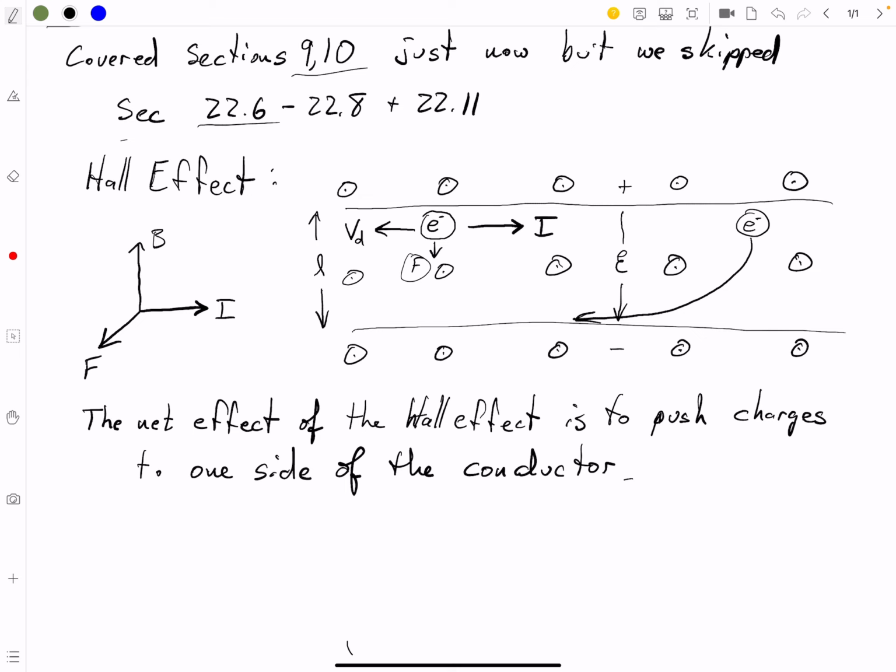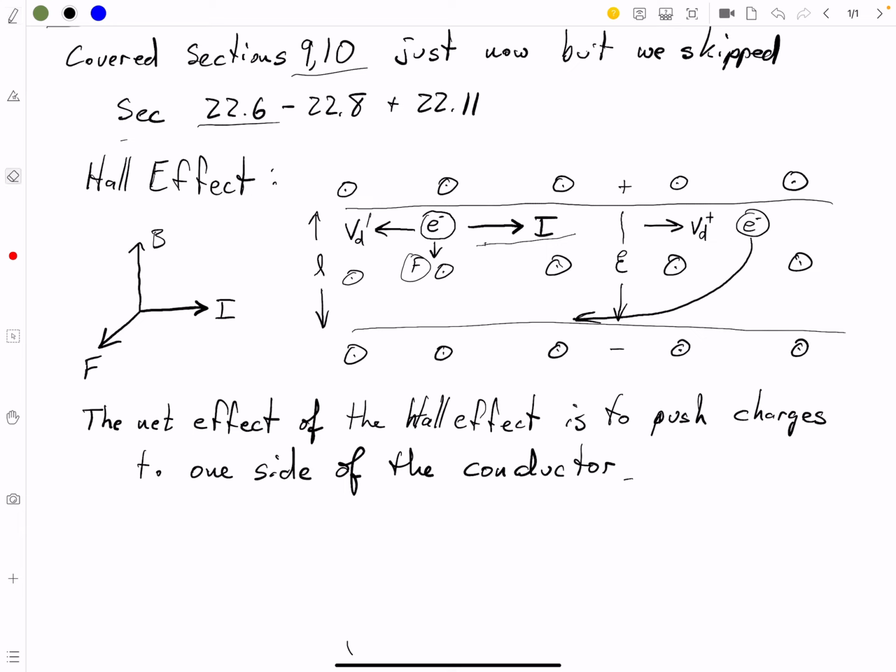Now, what if we're talking about a positive charge and the current is still going in that direction? A positive charge just has a drift velocity that also goes in that direction. So that's VD positive. Here's VD negative.